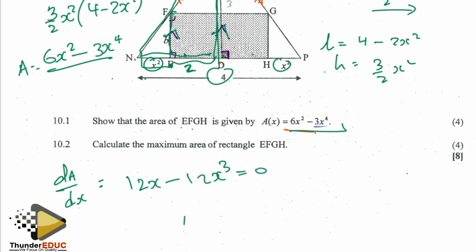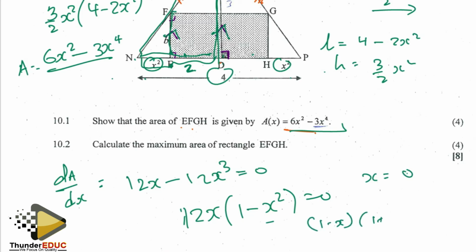Then I'm going to equate this to 0. Take out what is common, that's 12x, and I'll be left with 1 minus x squared equal to 0. So either x is 0, and then when I break this down, I'll have 1 minus x and 1 plus x, so x is 1, or x is negative 1. So these are the possible values of x.